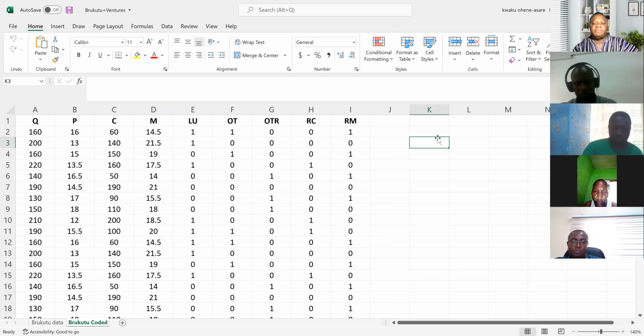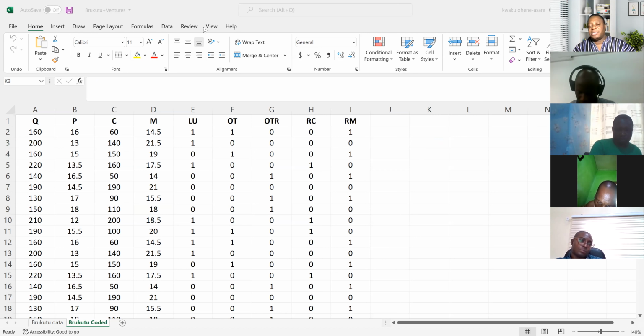We are going to generate the descriptive statistics right now. By the way, you should all know the descriptive statistics. Who can give me examples of descriptive statistics? Give me two examples. Who can give me two? Richard. Mean and median or standard deviation.